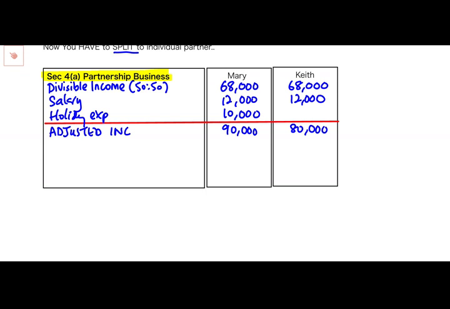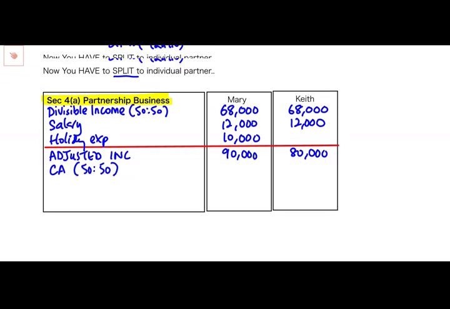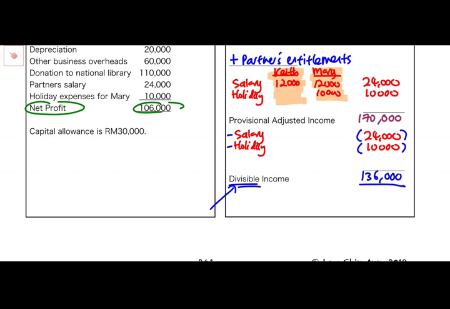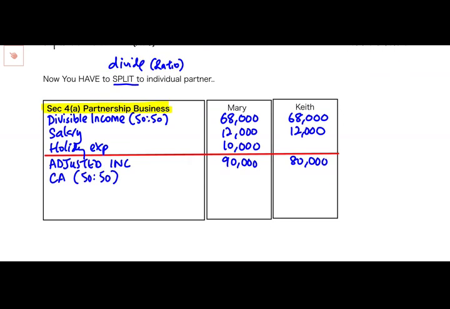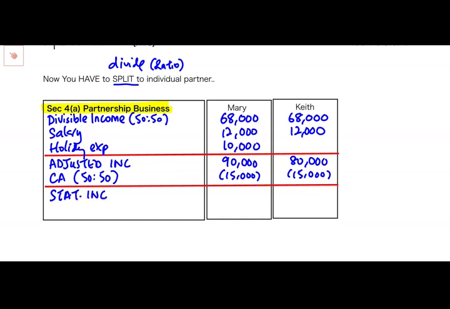So that's my partnership business. And then you're going to give them the capital allowance, which again you have to apportion using the ratio of 50-50. So the capital allowance is given as how much? 30,000. So in that case, you expect that 15 will be claimed here. Alright, so you have your statutory income, 75, 65. Okay, so do you get the steps?